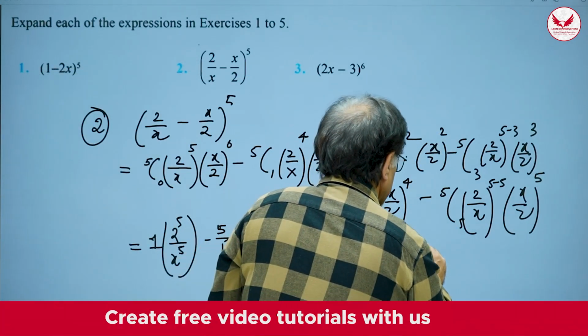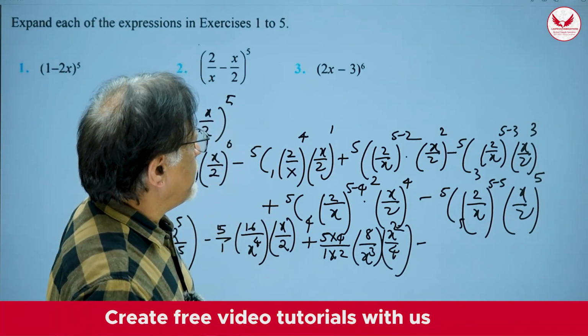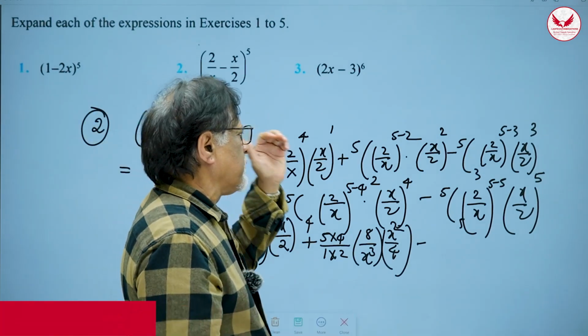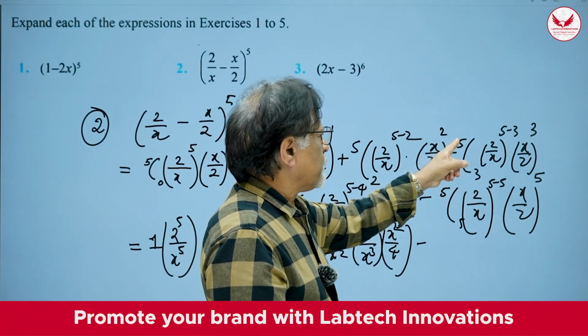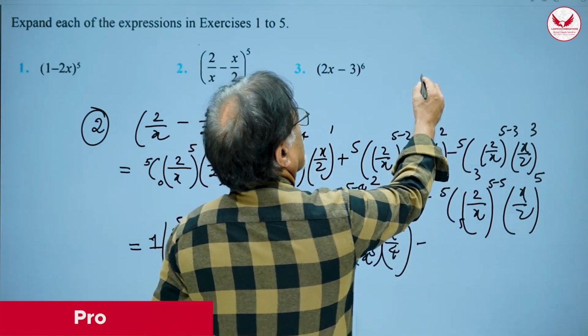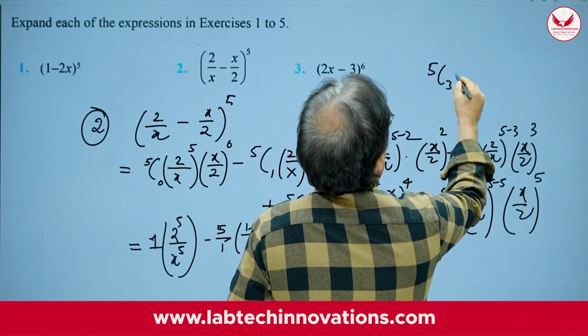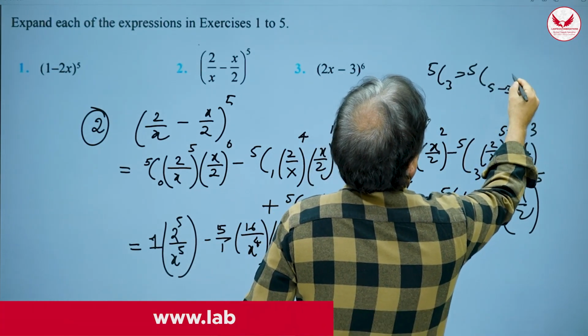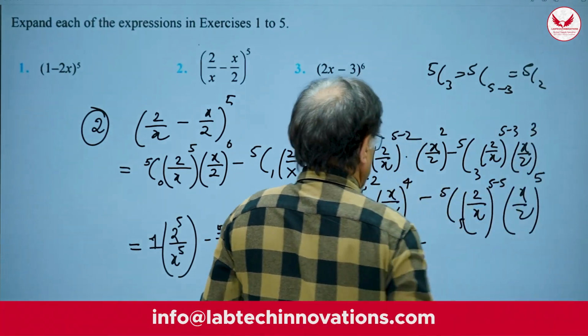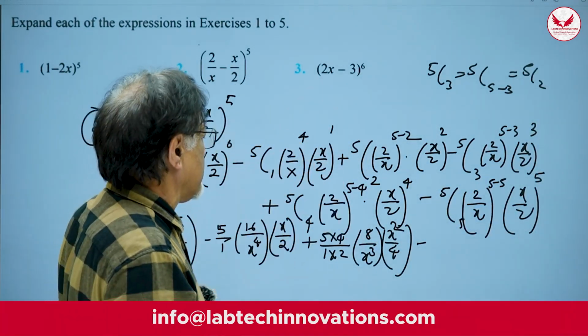Now, minus. Now remember one thing we have seen in permutation and combination, that nCr is always equal to nC(n minus r). So 5C3 is actually equal to what? 5C3 is actually equal to 5C(5 minus 3), which is 5C2. It is easier to calculate 5C2 rather than 5C3.